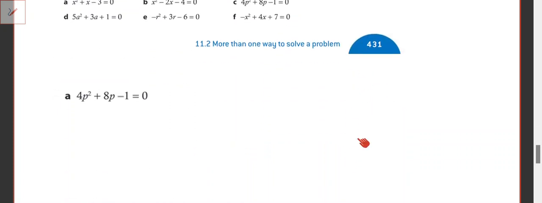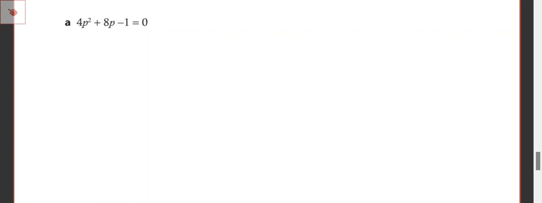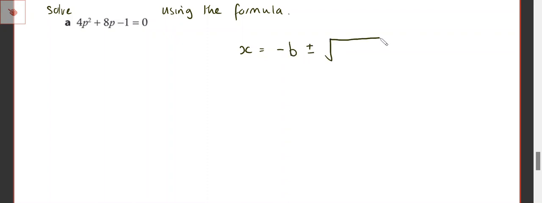Okay? So let's look at this. We're going to use the formula. So solve using the formula. And the formula, to rewrite it, is x equals minus b plus or minus the square root of b squared minus 4ac, all divided by 2a.